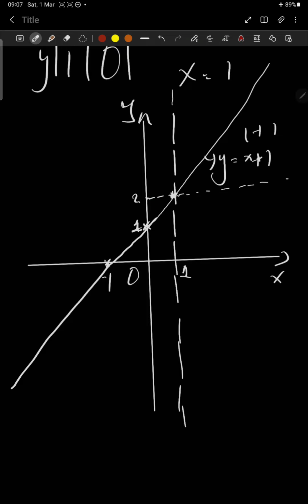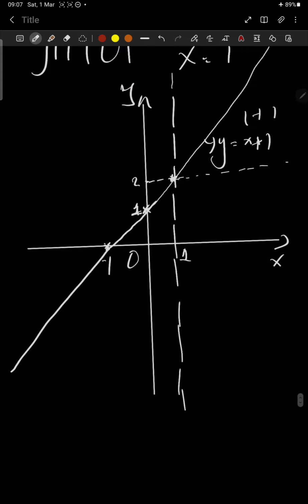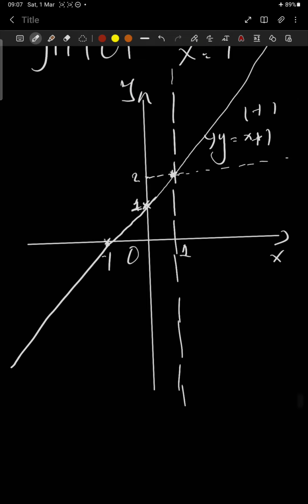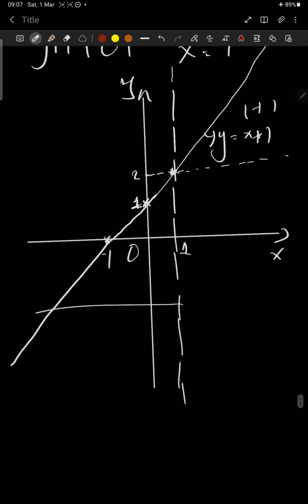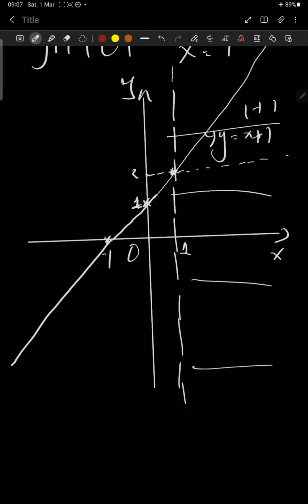So now, let's sketch. You're going to take values before the vertical asymptote, and also values after it. You can pick any value, just one value is enough.